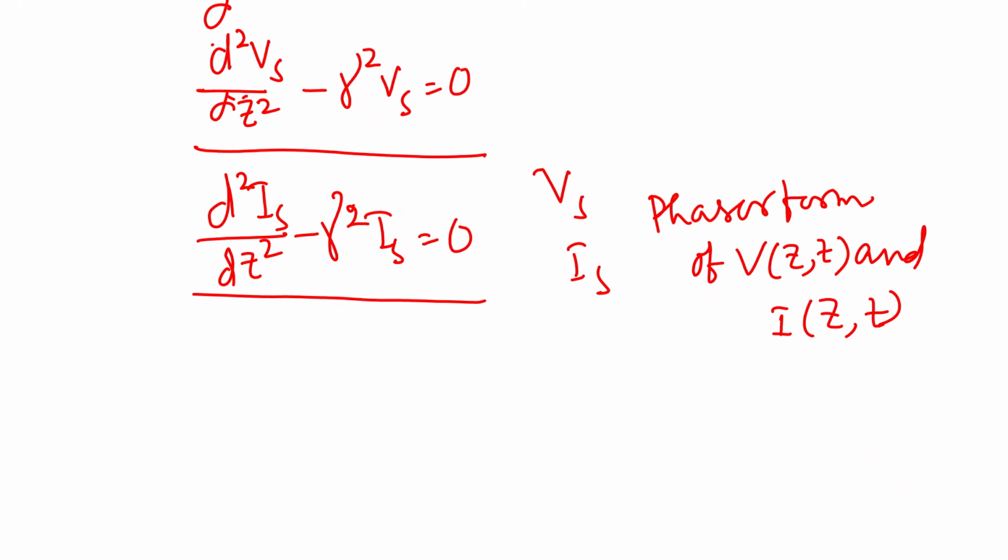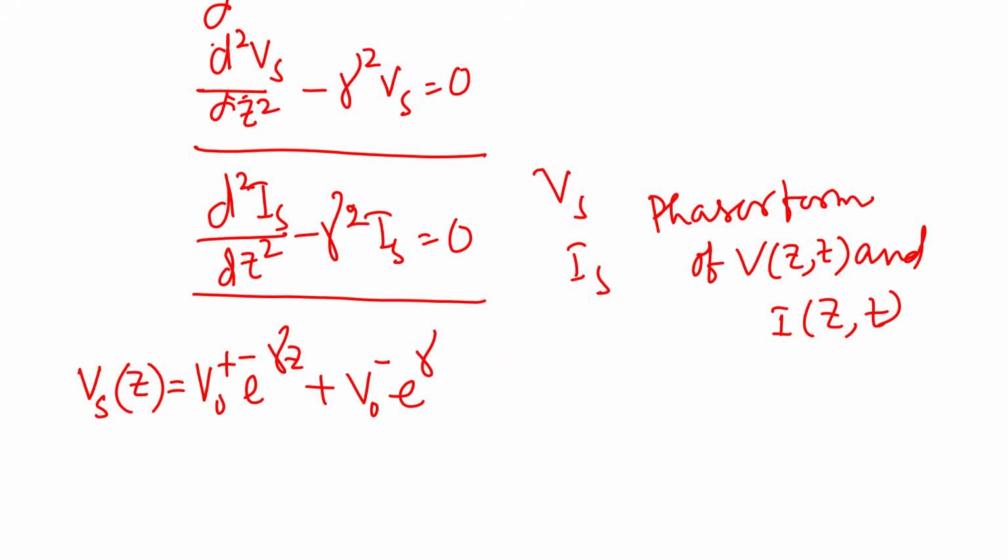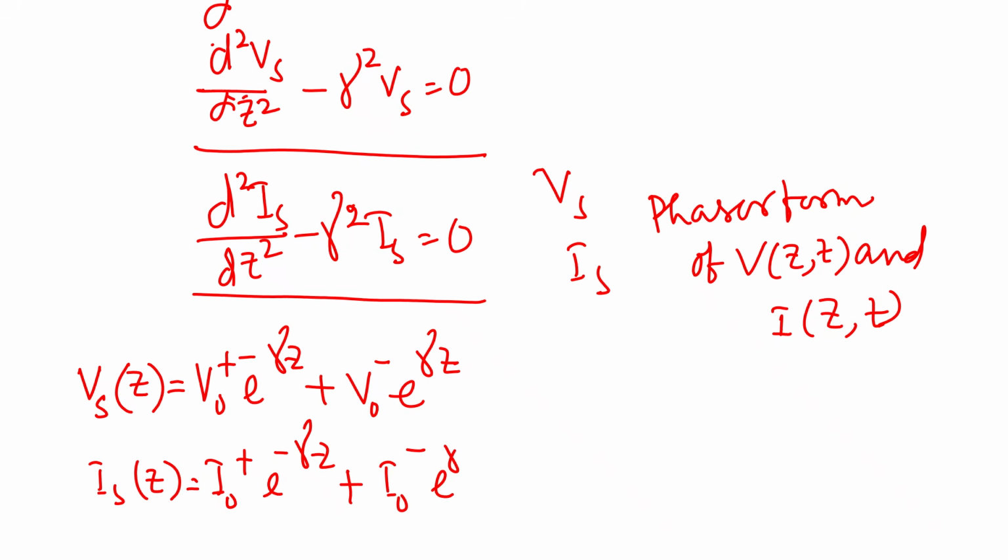So the solution of these two differential equations will be Vs as a function of z equals V naught plus e to the power minus gamma z plus V naught minus e to the power plus gamma z. Similarly, Is(z) equals I naught plus e to the power minus gamma z plus I naught minus e to the power plus gamma z, where gamma is the propagation constant.